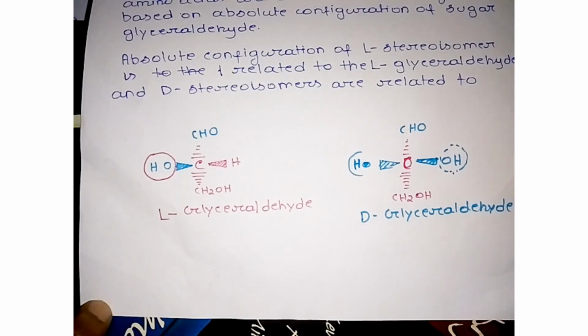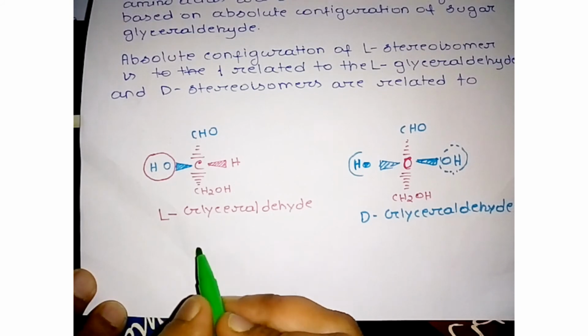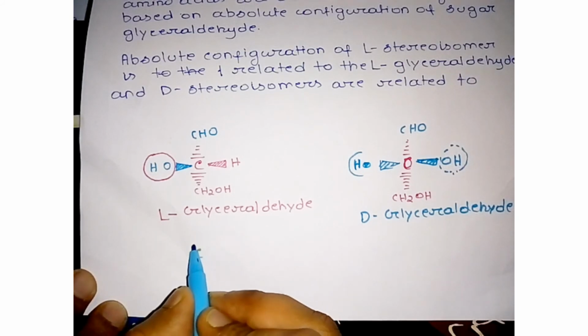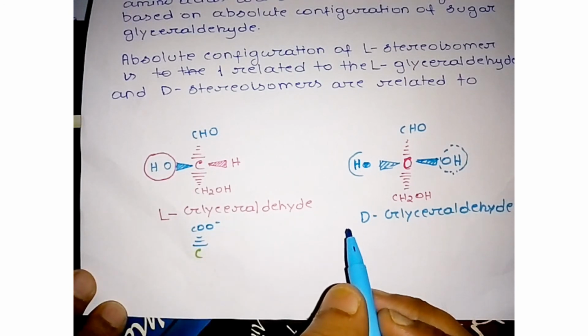Now, we take an example of a simple amino acid, that is alanine. Now we draw the structure of alanine. So this is the carbon. Here the COO minus, that is the carboxyl group, is present.